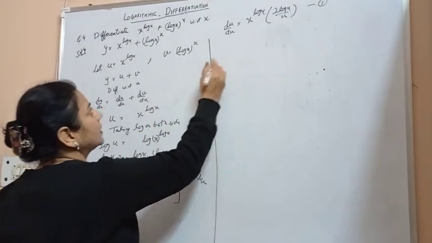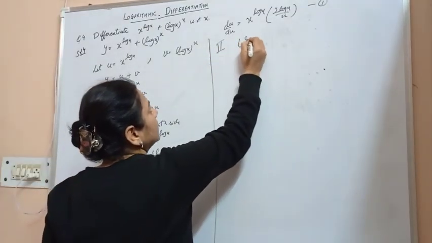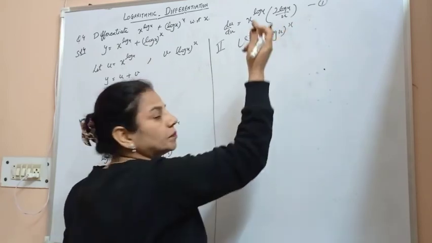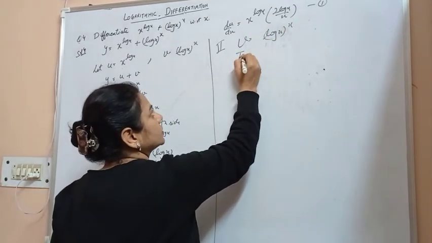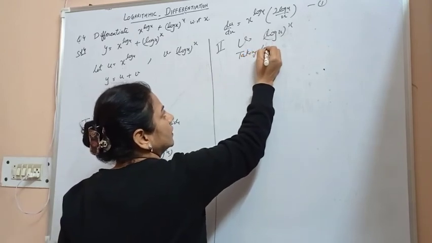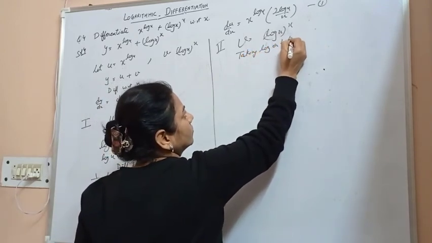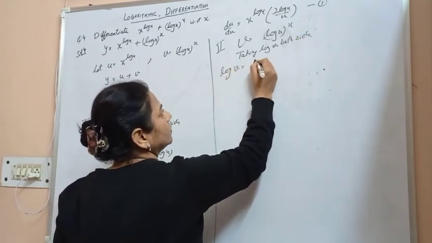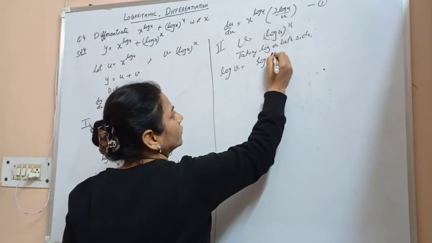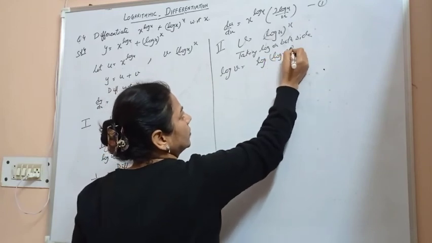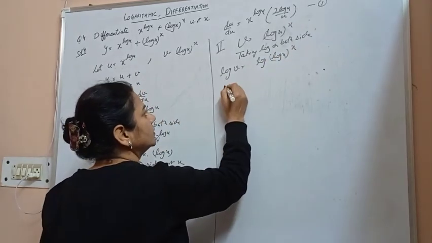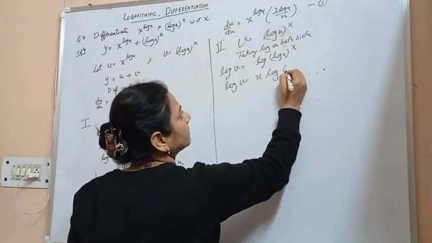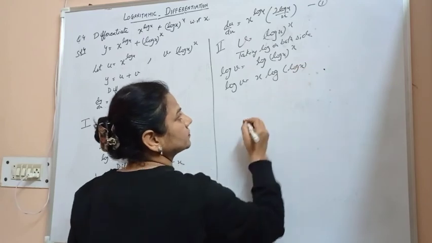Now for the second part, v is equal to (log x) to the power x. Function to the power function. So taking log on both sides, I get log v is equal to log of (log x) to the power x. So power comes forward, log v is equal to x log log x.